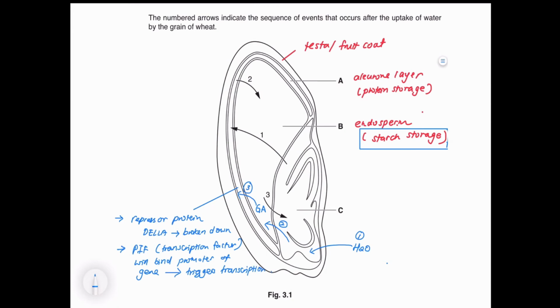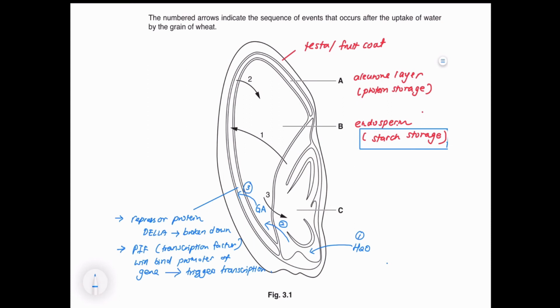This marking point that I've just mentioned is not part of the answer for the structured question that we're going to discuss later, because this is more about how the gene is being controlled and regulated.